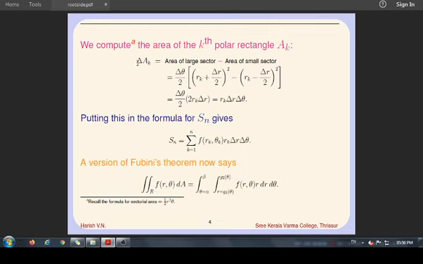So the area of the kth polar rectangle, namely delta Ak, equals the area of the large sector minus the area of the small sector, which equals half into (rk plus delta r divided by 2) whole square into delta theta, minus half into (rk minus delta r divided by 2) whole square into delta theta.